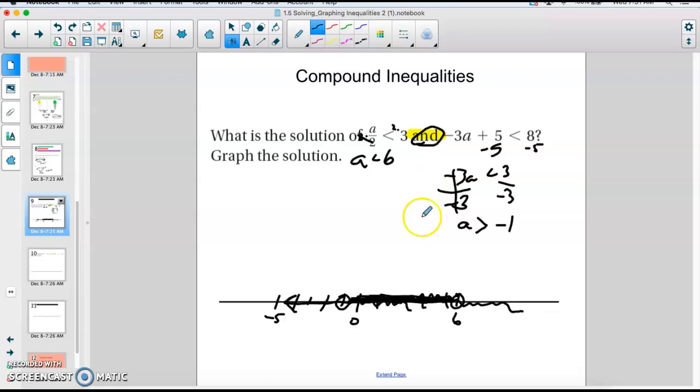So basically, what numbers work in both of these equations? It works in this equation and it works in this equation. So what numbers are less than 6 and greater than negative 1? Okay, so it's everything in between the numbers.